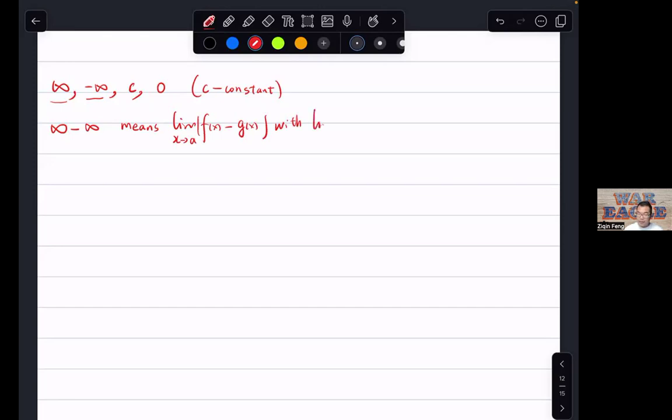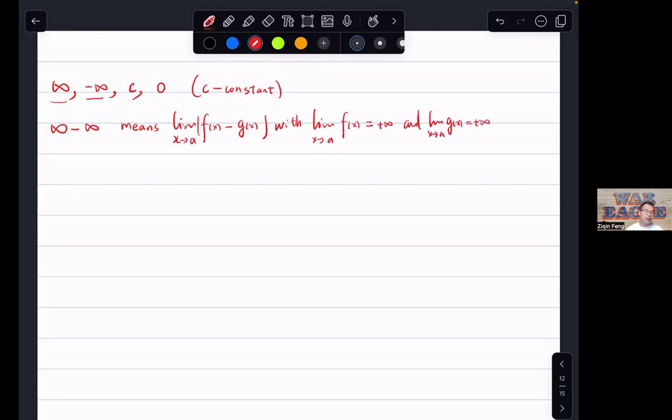As x goes to a, f of x equals positive infinity, and as x goes to a, g of x equals infinity, right?